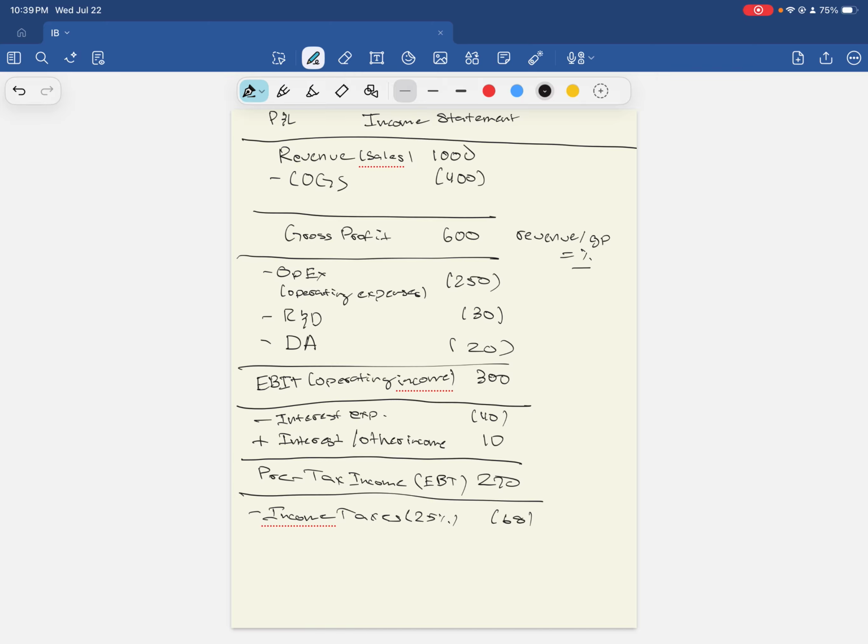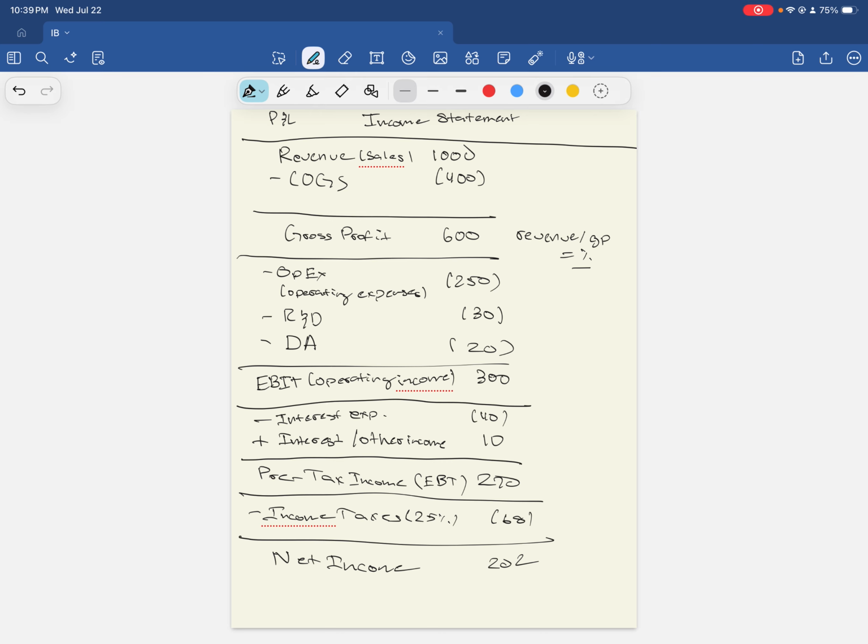So that's 68. This is the tax owed on pre-tax profit. You have your 68, and then if we subtract that, you're going to get your net income. And that's our last line item, your net income. And your net income here is going to be $202. This is basically the profit belonging to the shareholders.